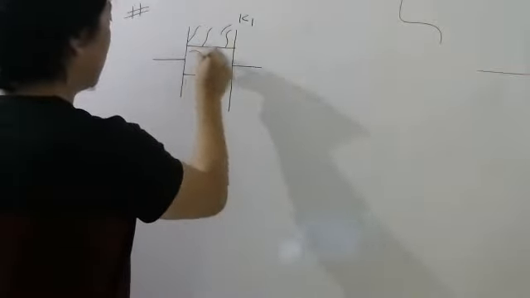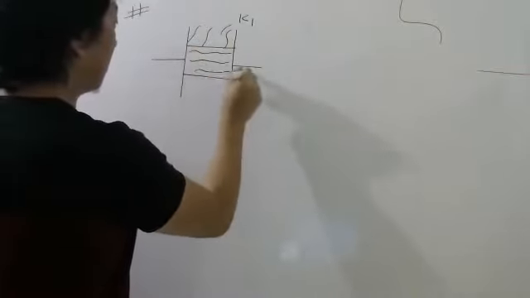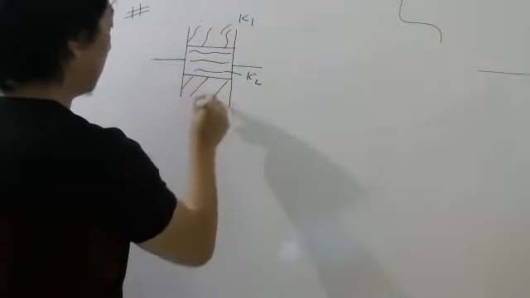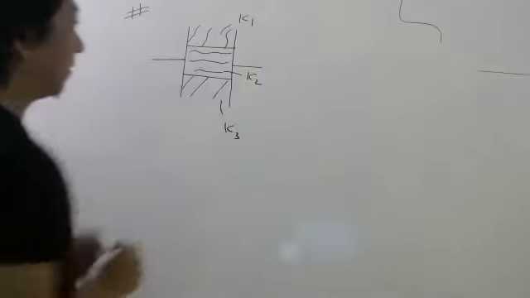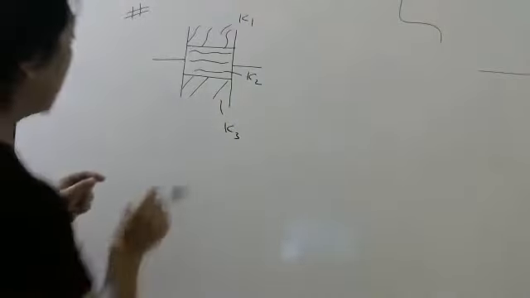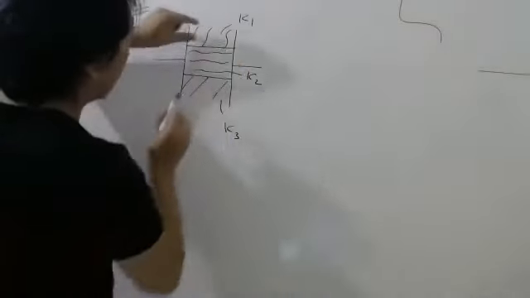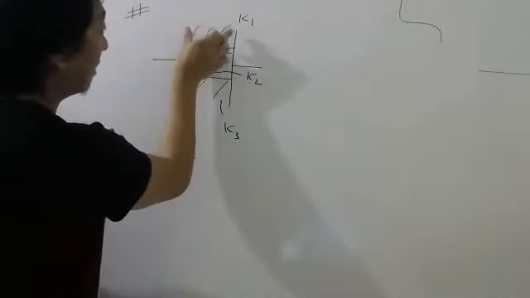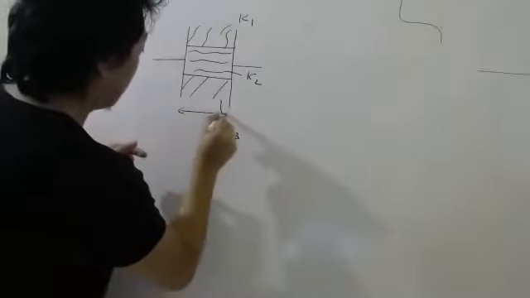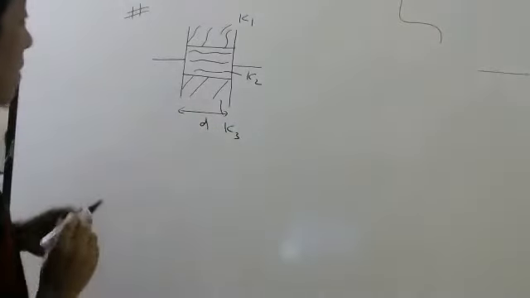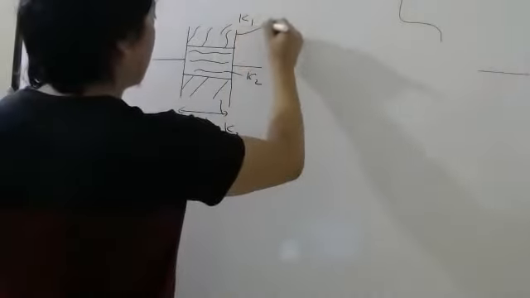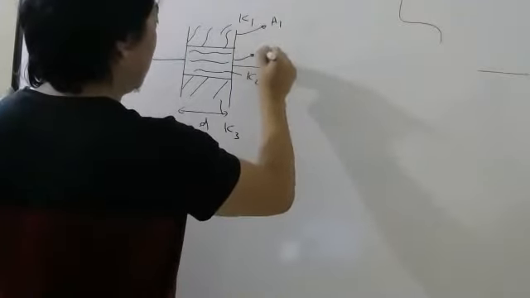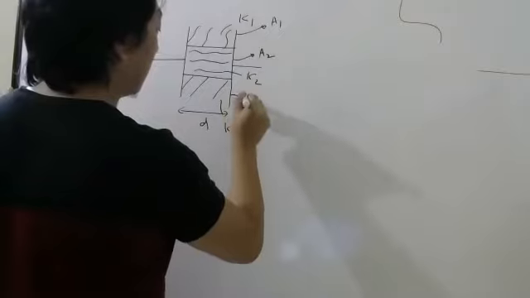This part is another medium with dielectric constant K2. And this part is K3. Okay, students. Now you can see, if you think of these three parts as capacitors, everyone has the same distance D this time. But the area has been divided. So this area is A1, let's say. This area is A2. This area is A3.